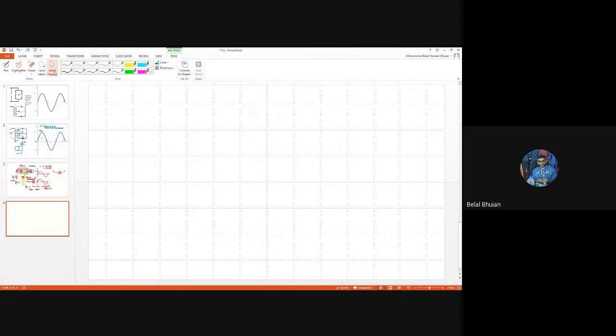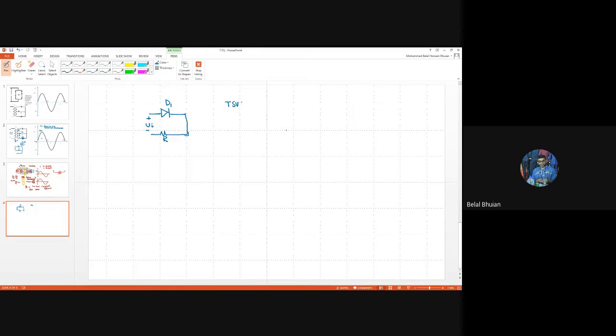So plus minus Vi, D1, R. So the first step would be determining the transition state voltage.